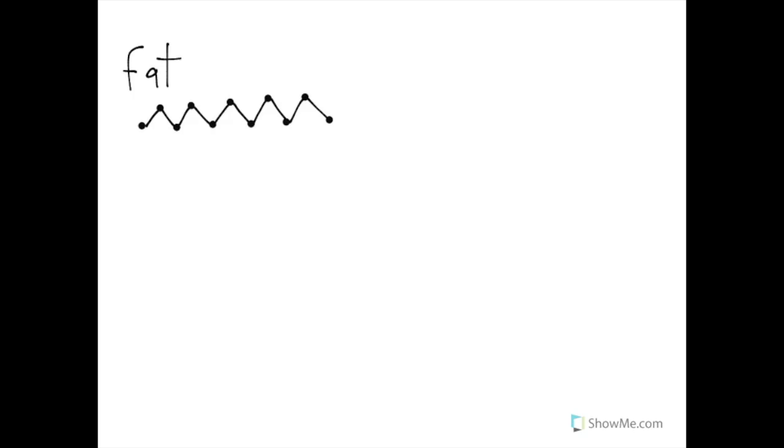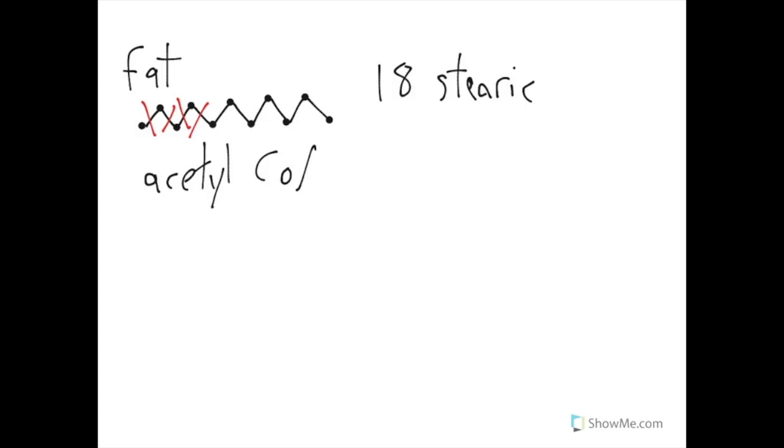For example, an 18 carbon fat molecule is stearic acid, 16 carbon being palmitic acid. Each one of these carbon units gets cleaved off of the parent molecule one by one, and they then form a molecule called acetyl-CoA, which we're familiar with from before. That can enter right into the Krebs cycle once again.